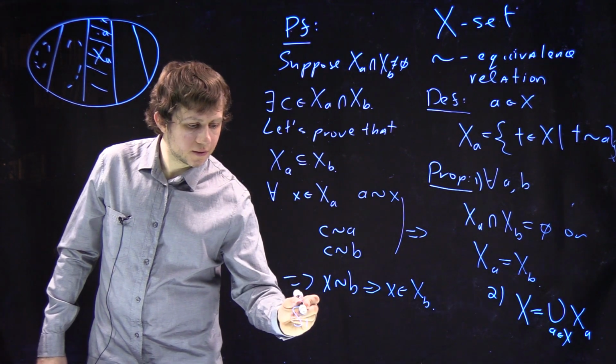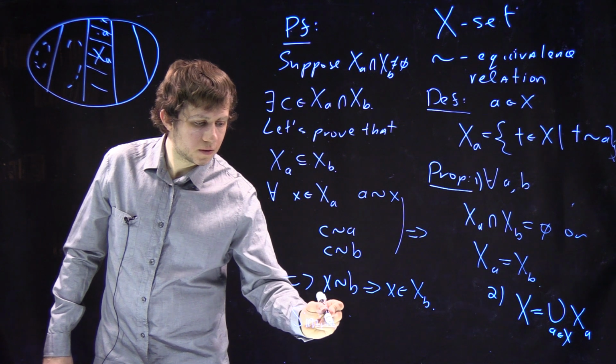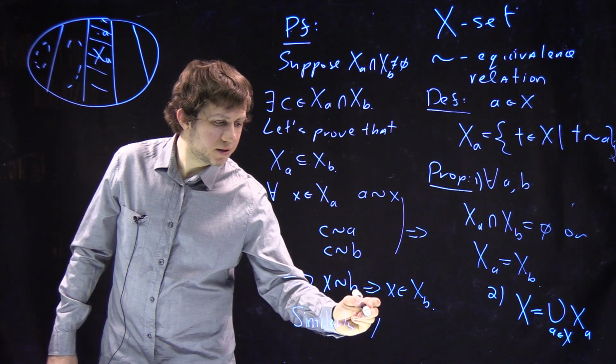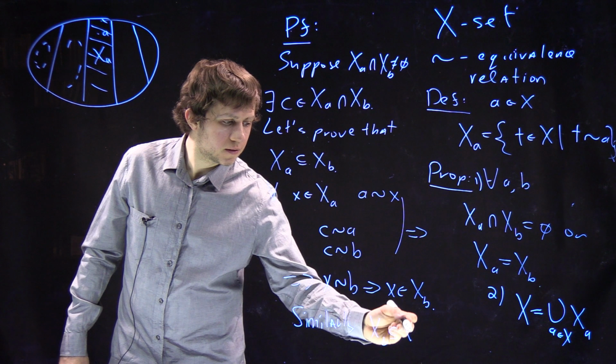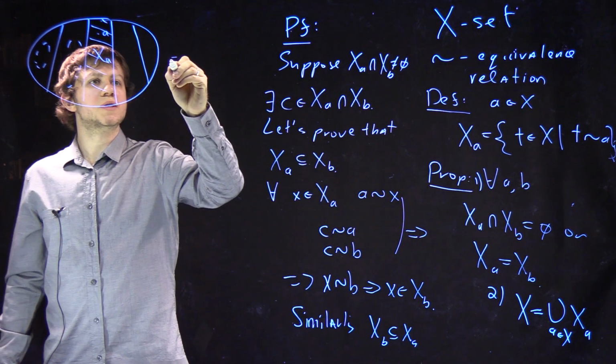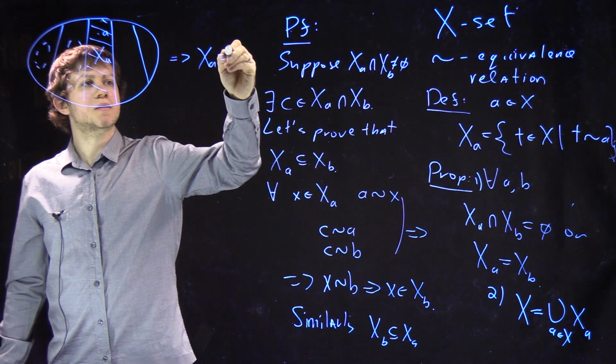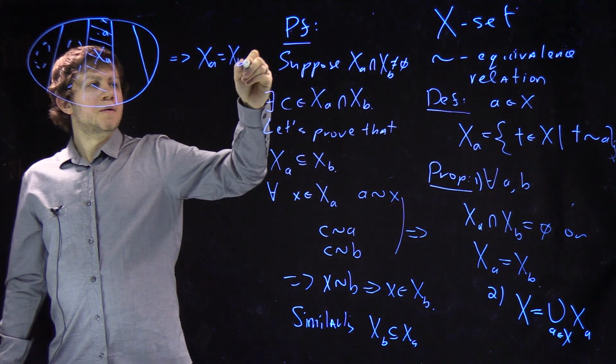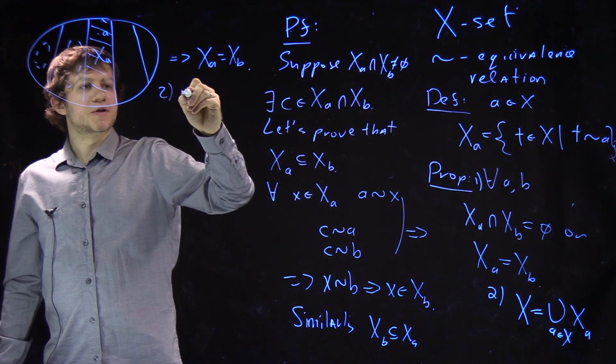So similarly, XB is inside XA, and this proves that XA equals XB. And the second part is obvious.